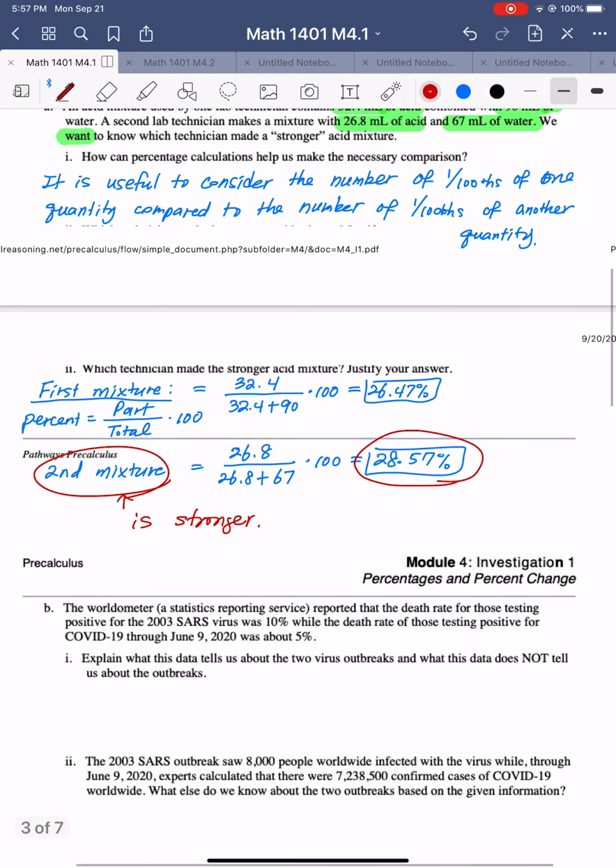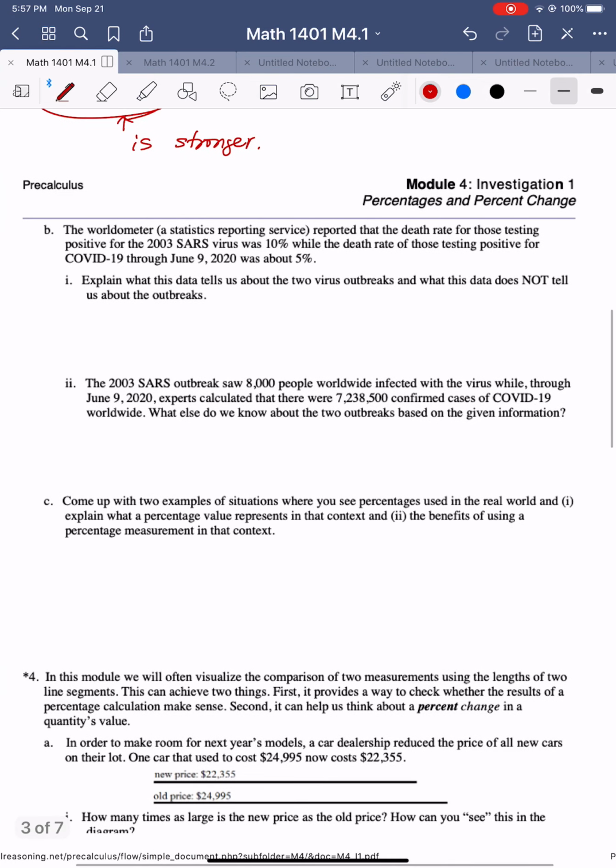Okay, all right, let's do B. World Meter Statistics Reporting Service reports that the death rate for those testing positive for the 2003 SARS virus was 10%, while the death rate of those testing positive for COVID-19 through June 9, 2020 was about 5%.